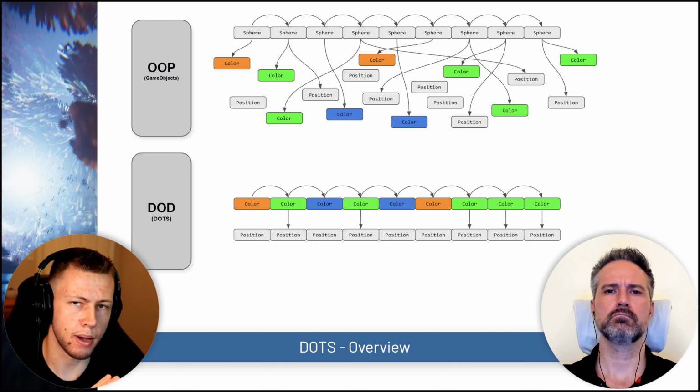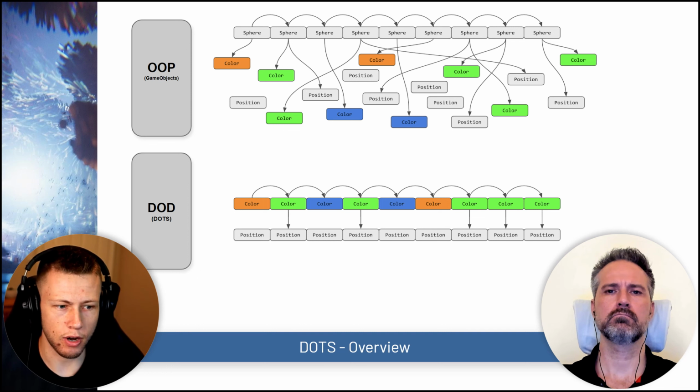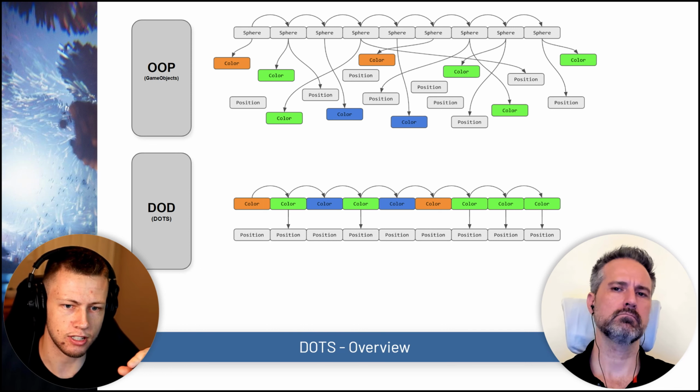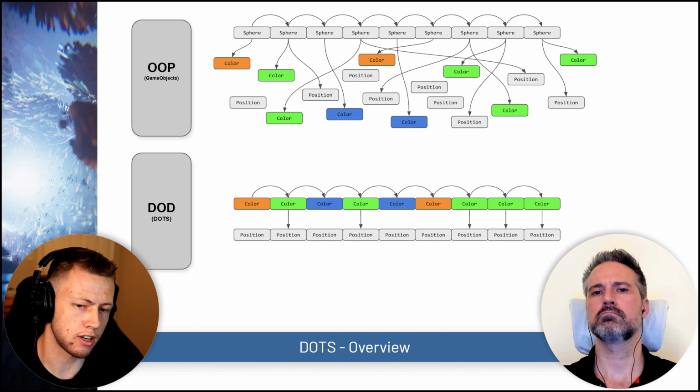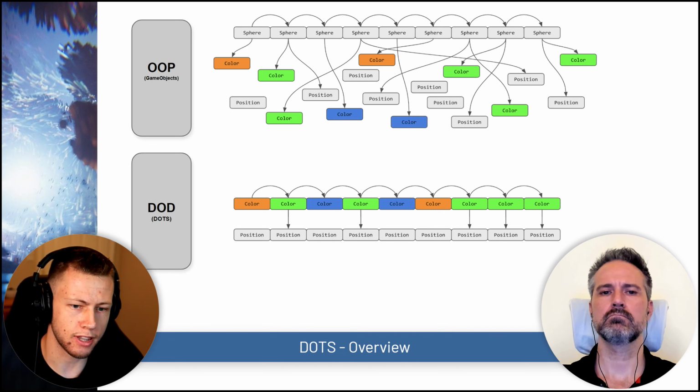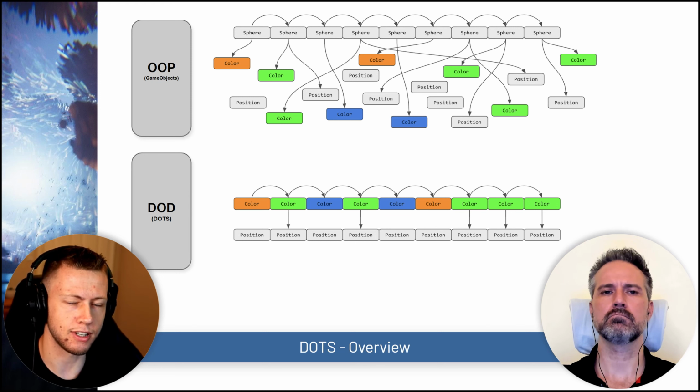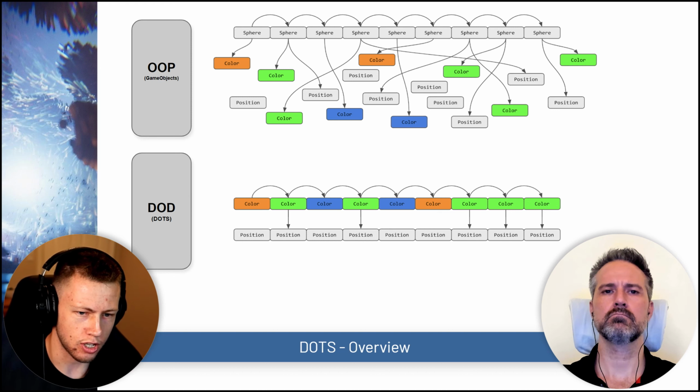And because all that memory is right next to each other, as we pull the first bit of memory into the CPU, the way that the CPU's cache works is it's going to naturally pull in some of that data in the next part of that list. So the idea is we're optimizing for having that data already available in our CPU cache, so we can continually iterate through that without having to go to all different places in memory.